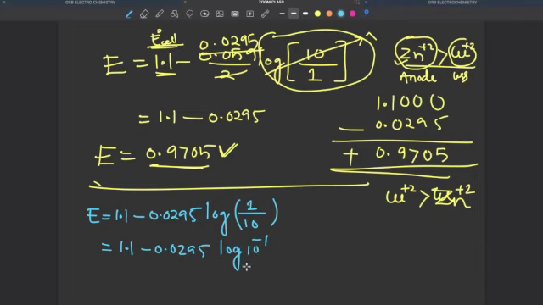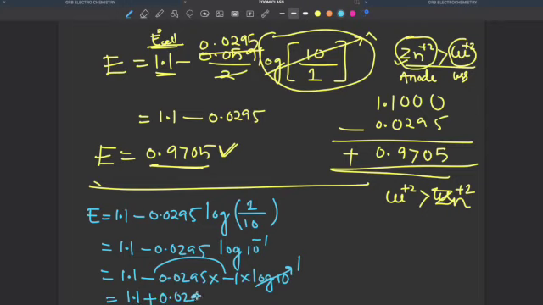So it would be 1.1 minus 0.0295 into minus 1 into log 10. Log 10 is 1, so this minus becomes plus. So that is 1.1 plus 0.0295. The total would be 1.1295 volts.